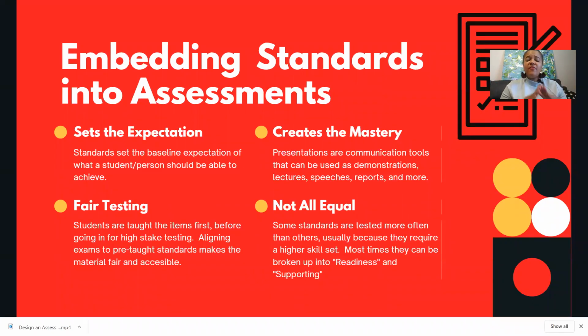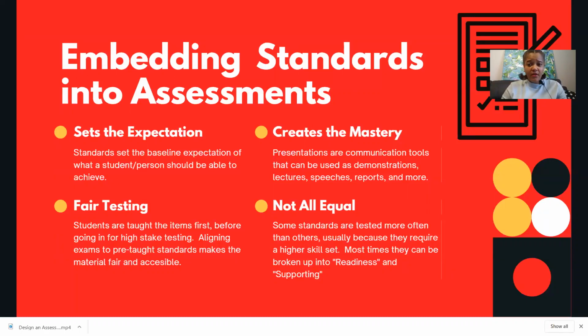We also talk about fair testing. When you're using the standards, that means that you have taught what you're about to test. You should never test someone on what you have not taught. You cannot work on the assumption of, well, they should get it, or it's easy. You have to make sure that you're teaching the standard that's in your pacing guide before you ever test on it.